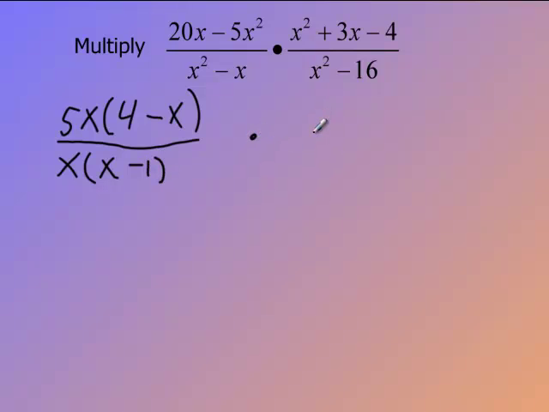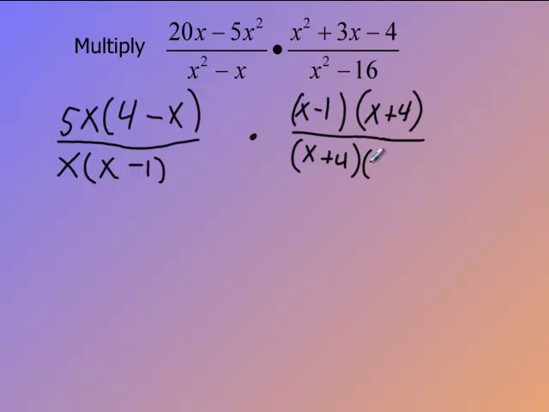Over here I have a trinomial, which I believe can be factored to x minus 1 times x plus 4. And then the denominator is a difference of squares, so that's just going to be x plus 4 times x minus 4.